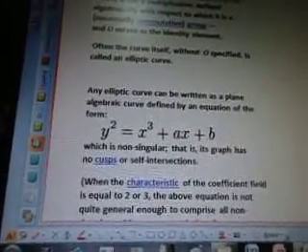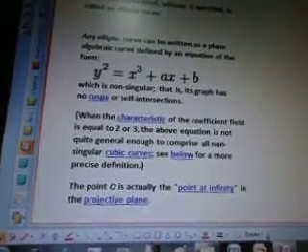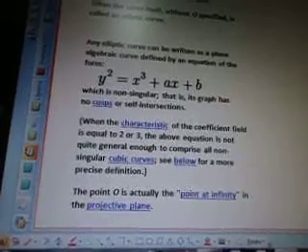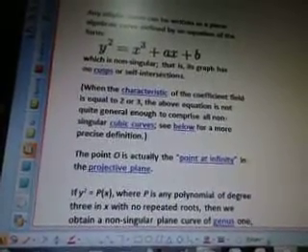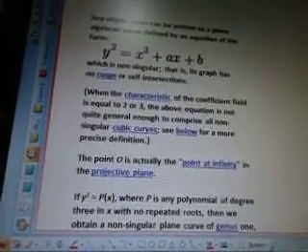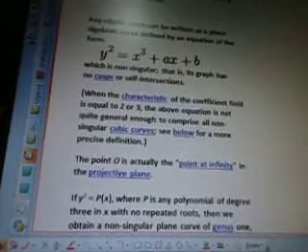Any elliptic curve can be written as a plane algebraic curve defined by an equation of the form y2 equals x3 plus ax plus b, which is non-singular. That is, its graph has no cusps or self-intersections. When the characteristic of the coefficient field is equal to 2 or 3, the above equation is not quite general enough to comprise all non-singular cubic curves.